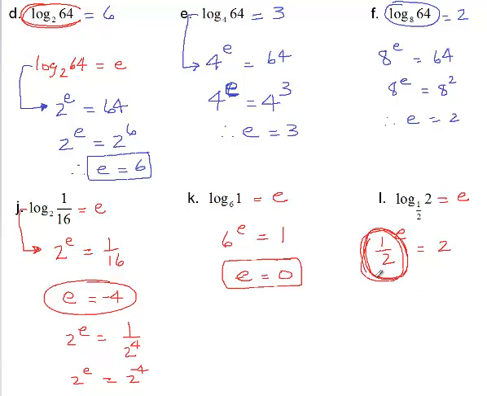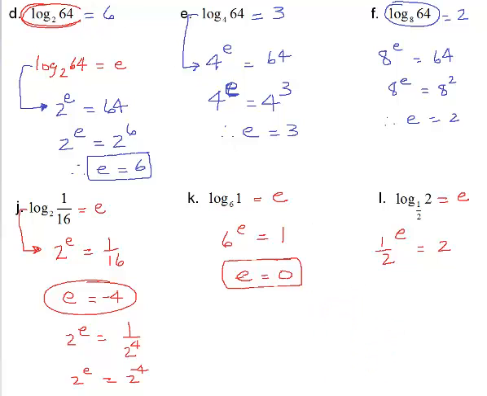Usually 1 over something means a negative exponent. So in this case, we know 2 to the 1 is the same as 2. But 1/2 is what? Therefore 1/2 must be 2 to the negative 1, and that's the pattern we tried to build a few seconds ago.